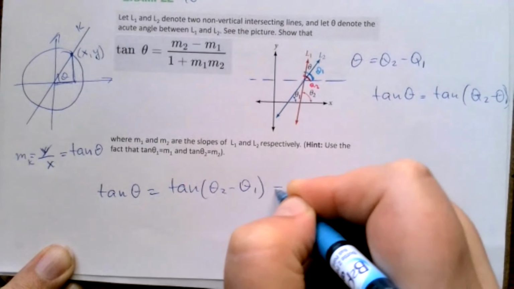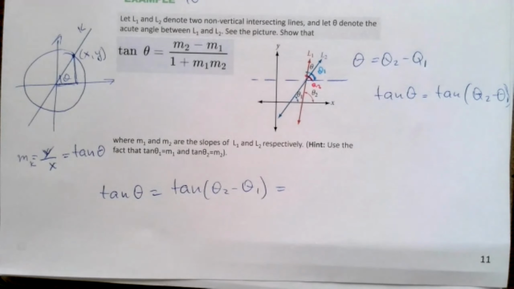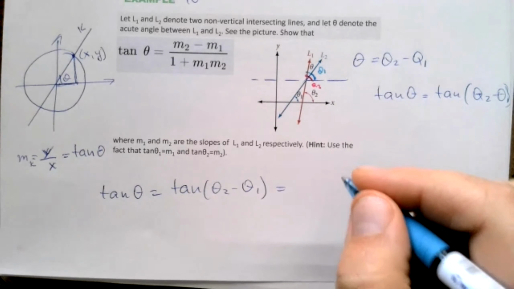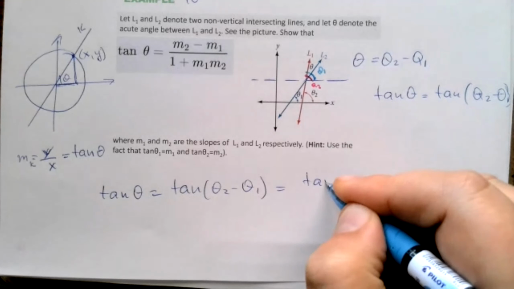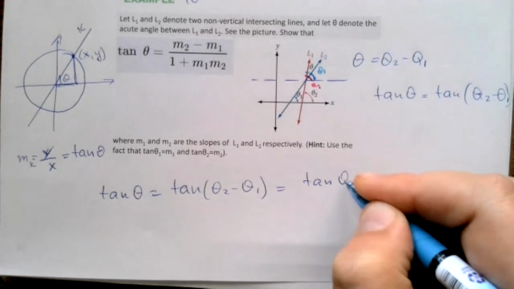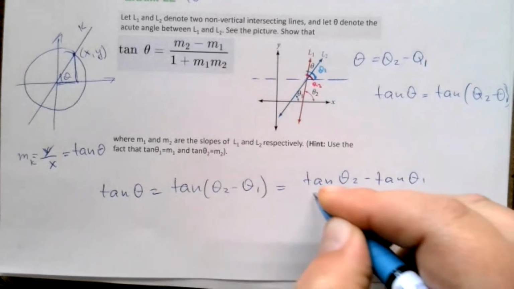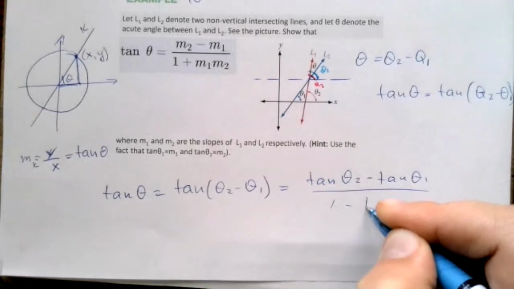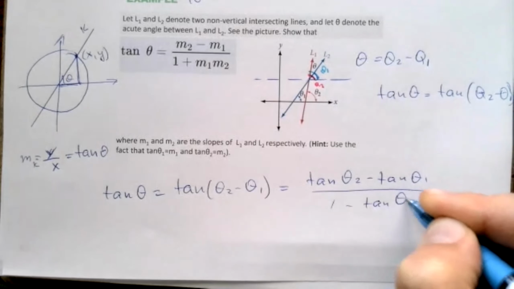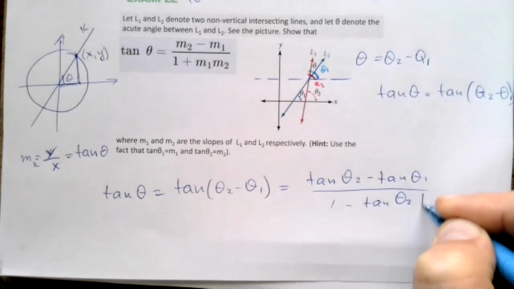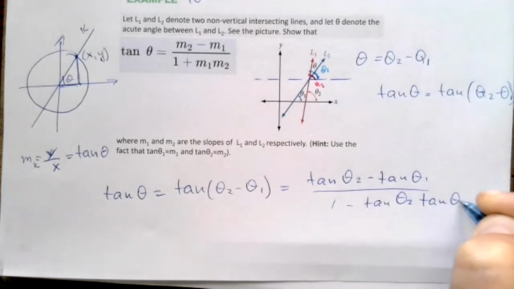Let's apply our tangent of the difference of angles formula to write it out. And that's going to be equal to tangent of theta 2 minus tangent of theta 1, divided by 1 plus tangent of theta 2 multiplied by tangent of theta 1.